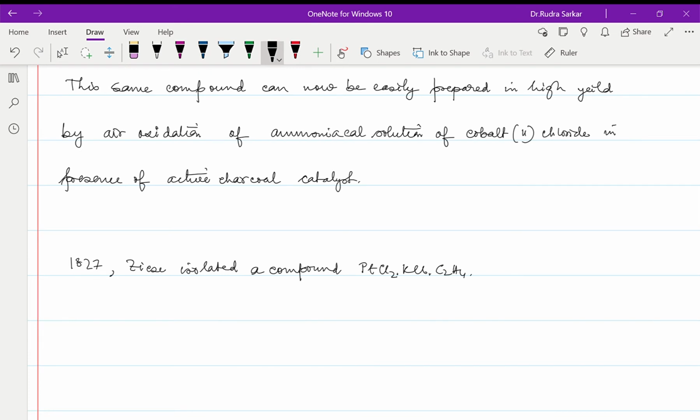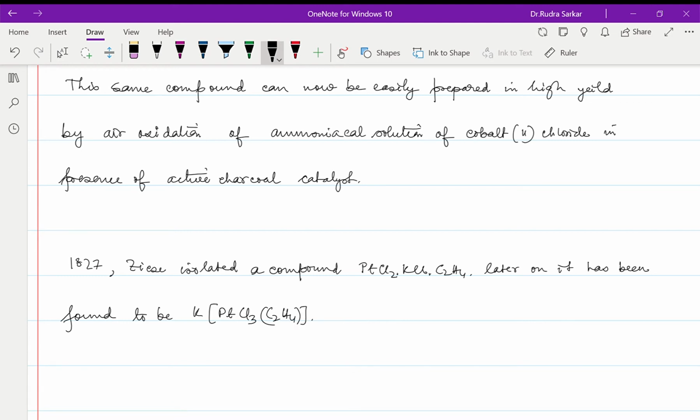Later on, when Werner's theory was given and people understood how these things are arranged, it has been found to be written as K[PtCl3(C2H4)].